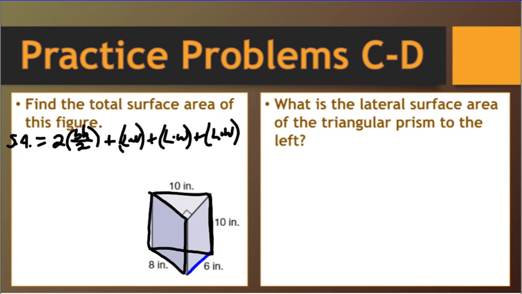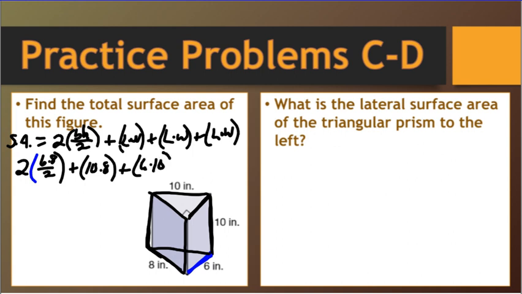Now we can substitute our numbers in. And so I have 2 times the base. This part would be 6 times 8, so 6 times 8 divided by 2, plus we have this piece right here, which is 10 by 8. And then we have this side, which is 6 by 10.